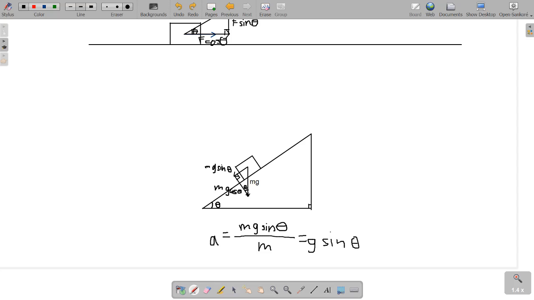Okay, so about mg cosine theta. By Newton's third law, when the box exerts a force on the slope, the slope will also exert a similar force on the box. This force is called the normal force, because it's normal to the slope, where normal means perpendicular. You probably heard of this before, but I'm telling you again, this is called the normal force.